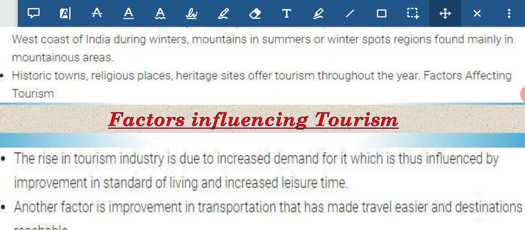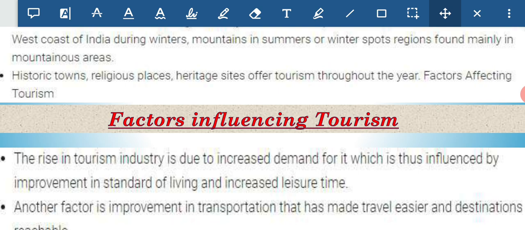If the fastest means of transport is not well connected, then obviously the leisure time or the holidays will not allow us to spend our time, enjoy, or have recreation.